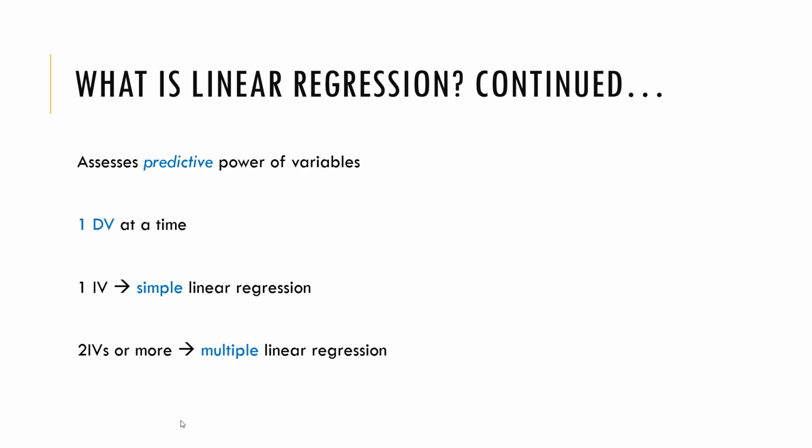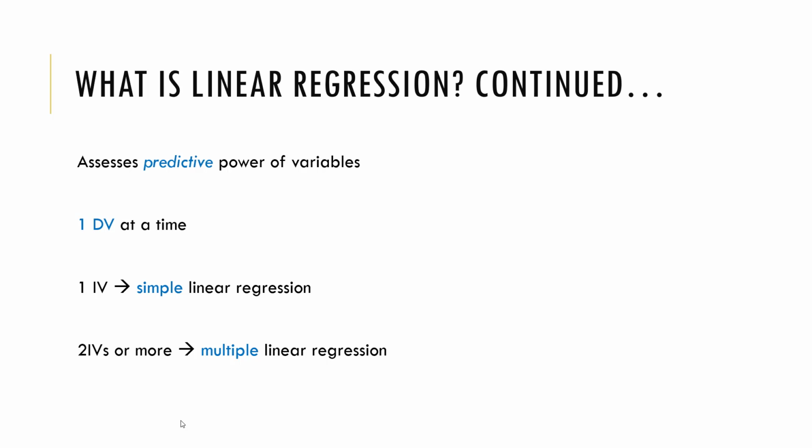So a simple linear regression is where you have one independent variable and one dependent variable. As soon as you have two independent variables or more, then we call it a multiple linear regression. And you'll probably hear me calling it an MLR.